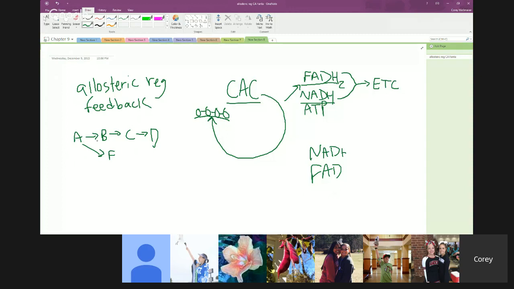All of these arrows represent enzymes, and if an enzyme is non-functional, which was exactly what was wrong with Patrick, instead of A turning into B, the only thing it can do now is turn into F. So for Patrick, A would be pyruvate, and instead of pyruvate being converted into acetyl-CoA, the only thing left for it to do was get converted into lactic acid. So yeah, that's the biggest part of Chapter 8: enzyme regulation.